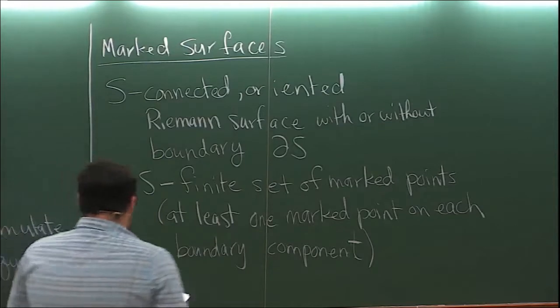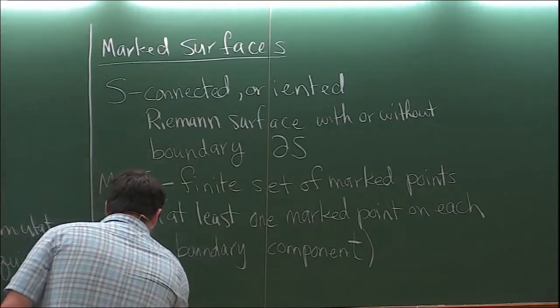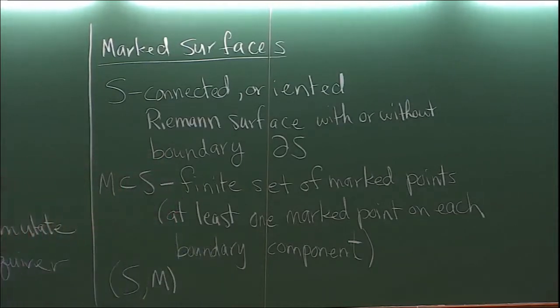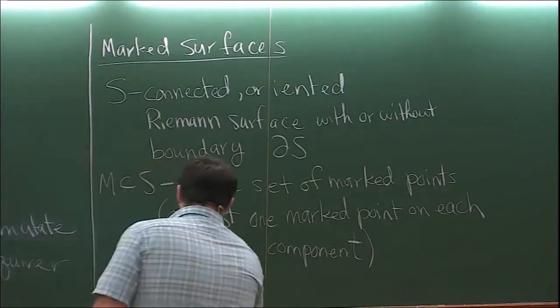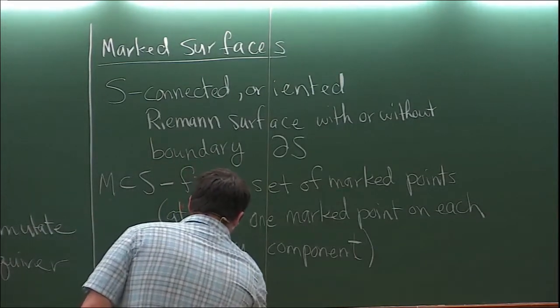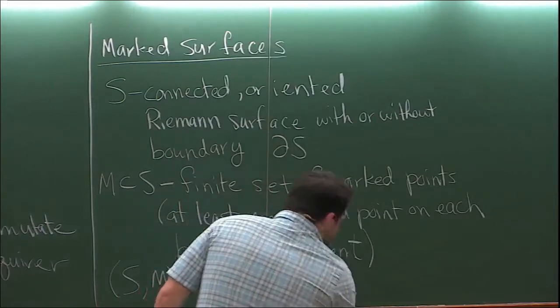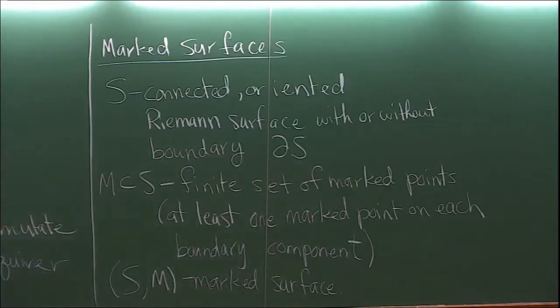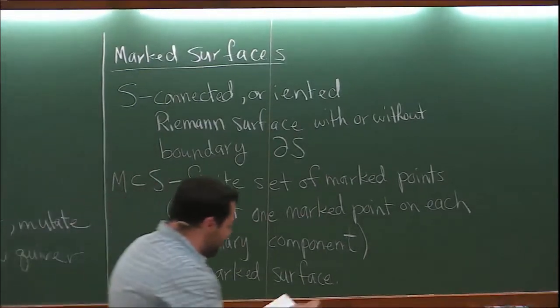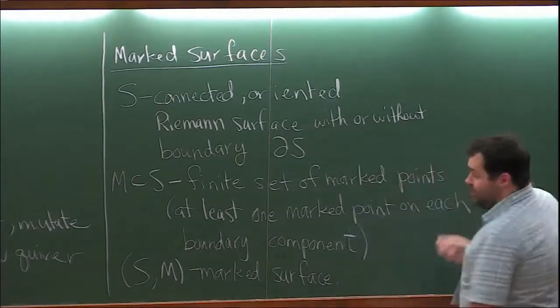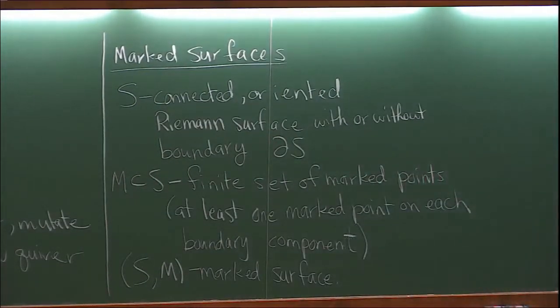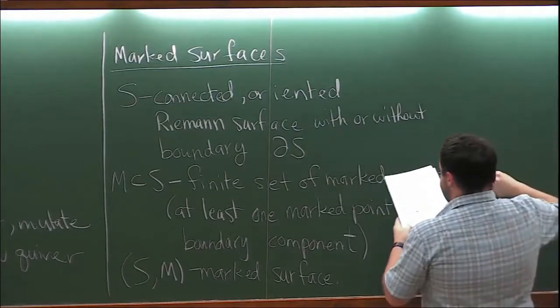So a pair of a surface with a finite set of marked points is going to be called a marked surface. I'll show you all of the examples I'm going to consider. Everything I'm going to consider has some genus, some collection of boundary components, some punctures, and some marked points on the boundary.